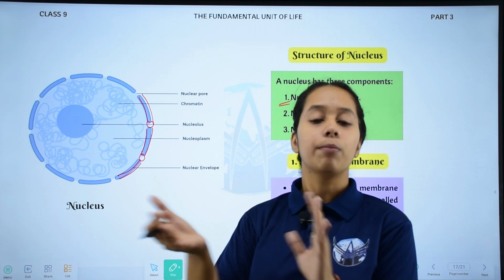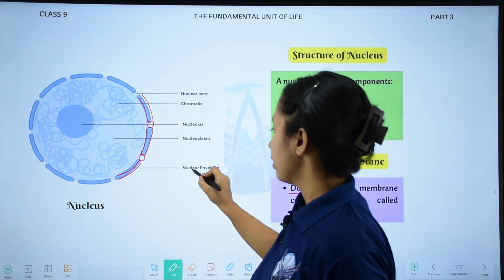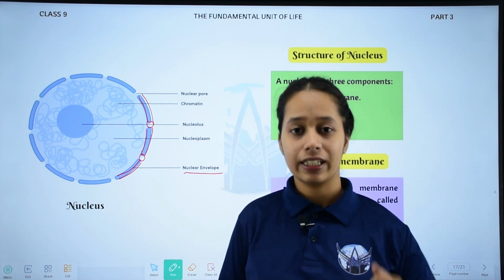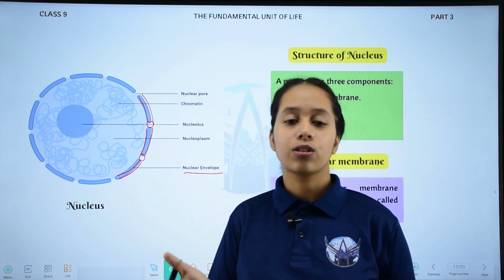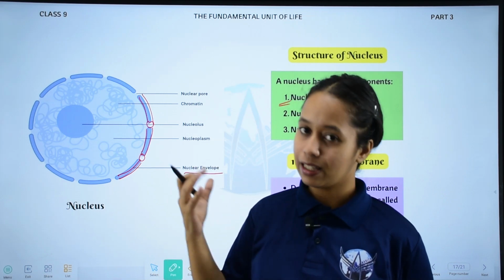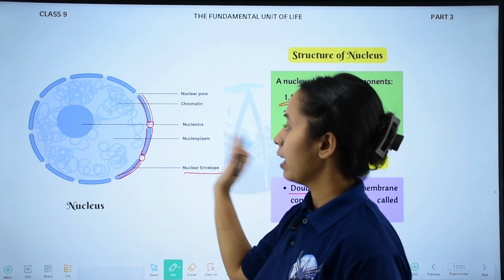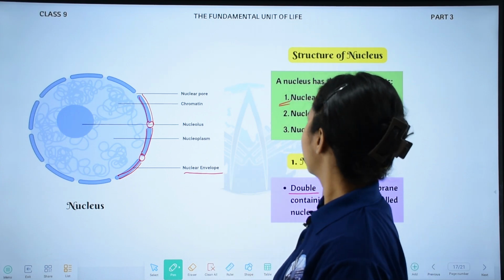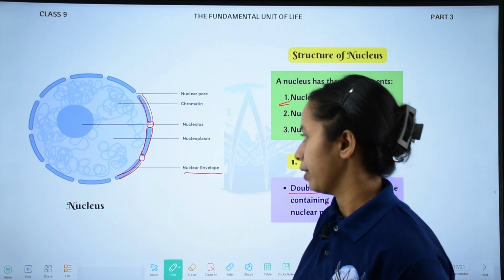And since it is a double layer membrane, we also call it a nuclear envelope. It has pores which help in the entry and exit of substances. So this is the nuclear membrane.